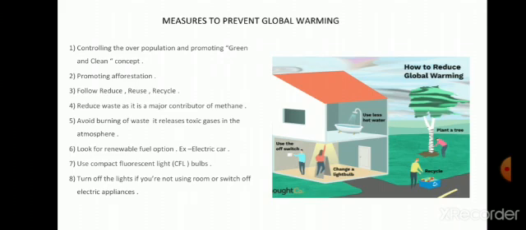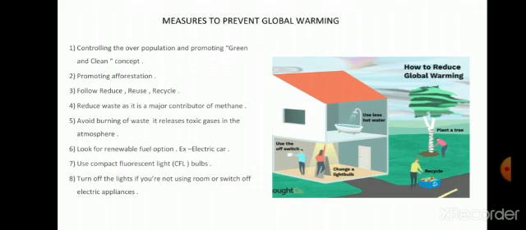4. Reduce waste, as it is a major contributor of methane. 5. Avoid burning of waste. It releases toxic gases in the atmosphere. 6. Look for renewable fuel options, for example electric car.